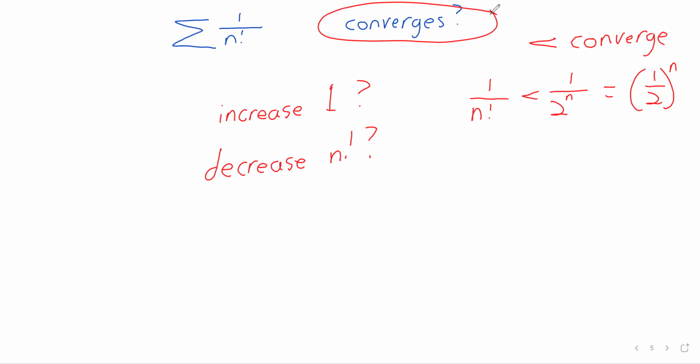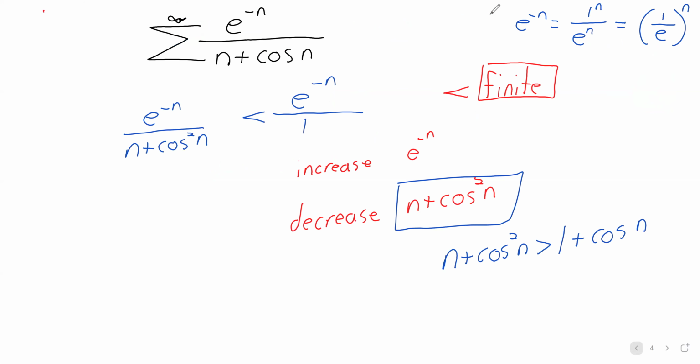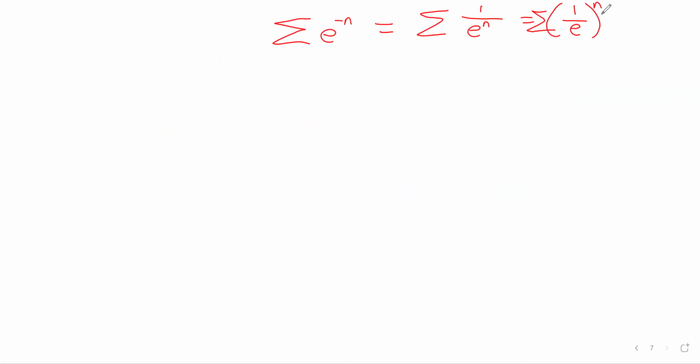And that is that. At this point, we don't have a lot of options. It's sometimes possible to study convergence or divergence in more than one way. So here, we had e to the negative n, and I said, oh, this is a geometric series, it converges.